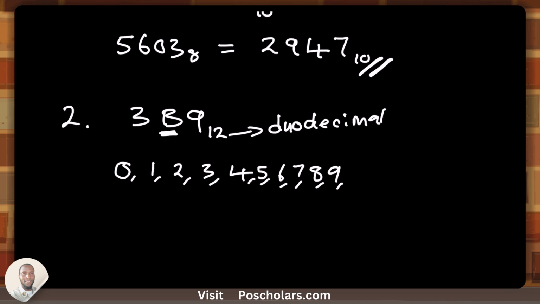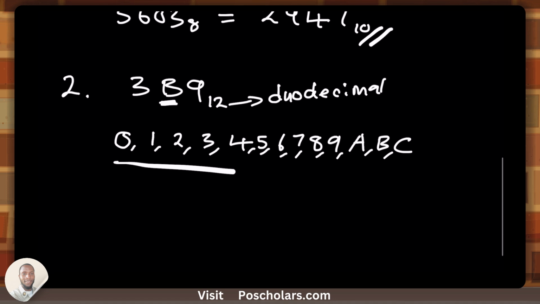When you get to 10, you write it as A, then B represents 11, then C represents 12. Now this is how you count in duodecimal. So automatically this B simply takes the number 11, A takes the number 10, while C takes the number 12.